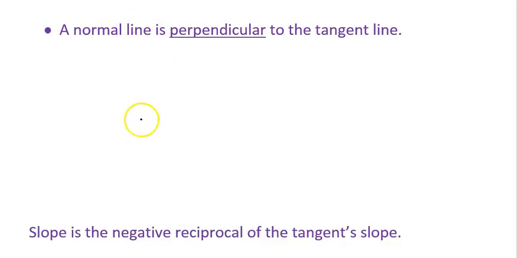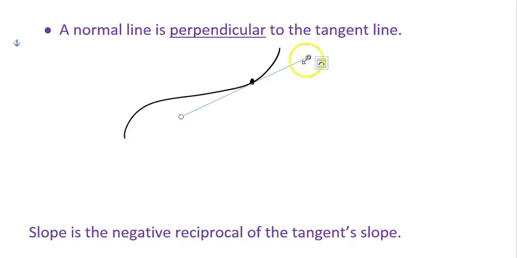So first of all, let's kind of draw a picture of what it is. So if I have a function, and I'm talking about this point right here, I can put in a tangent line that may be this one. The normal line would be perpendicular to this tangent line, but go through that point.